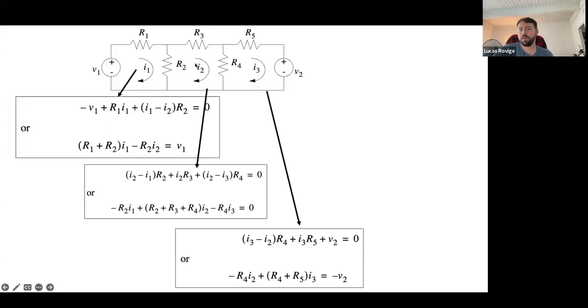So what we would do is the same thing as we just did. We apply loop rules in those 3 loops. If we apply it in this inner loop here, we have minus V1, since in that case it's reversed, plus the potential in here plus the potential across here.